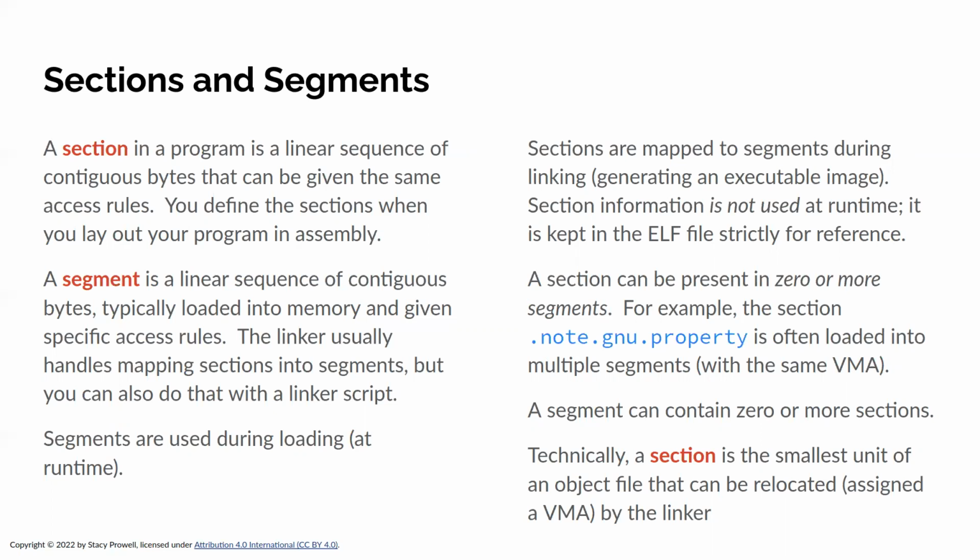A segment is a linear sequence of contiguous bytes in memory. So that you can't do. The linker has to do that. If you want to take control of that, you can with a linker script, beyond the scope of this class. The linker's job is to figure out program linkage, to figure out, oh, here you're referring to printf.